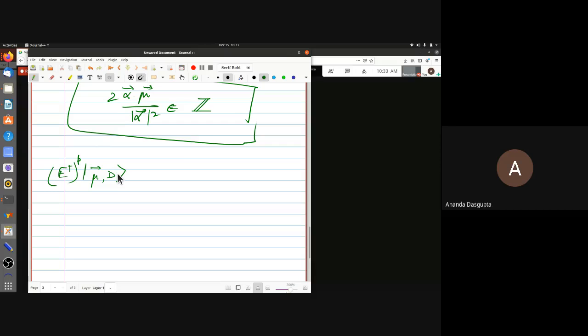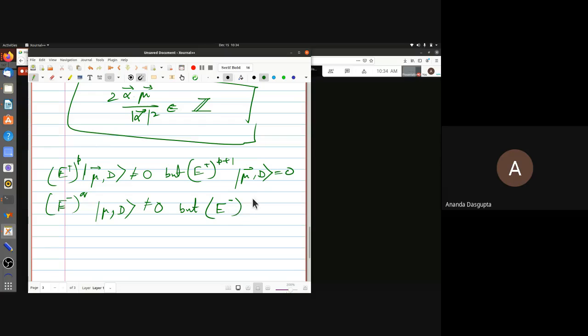But if you are talking about finite dimensional vector space, so you're talking about finite representations, then this must come to a halt. So there must be an integer p such that this is not 0, but E plus to the power p plus 1 on mu d is 0. Similarly, E minus shifts in the other direction towards minus alpha, and there must be an integer q such that you can shift by E minus q times, but not q plus 1 times.